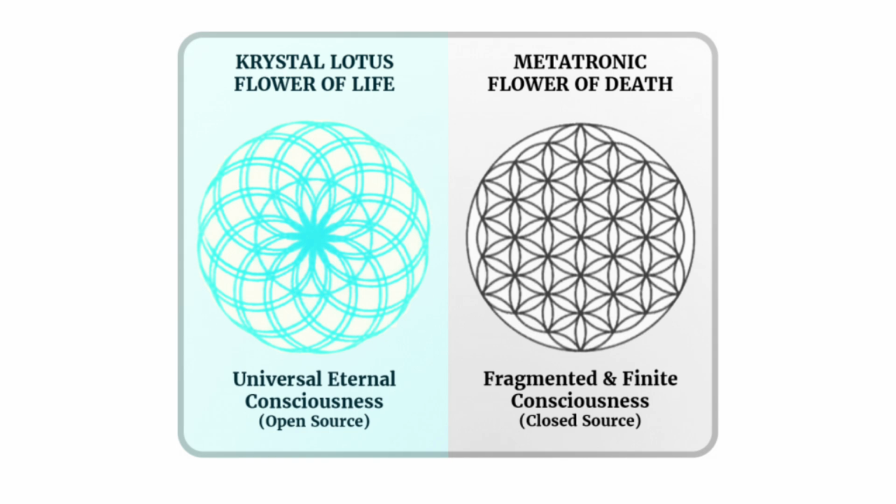And on the right, you see the Metatronic flower of death, also called the daisy of death, which is a fragmented and finite energy structure that has lost its connection to source, and on which a lot of our energies here on the earth are still being pushed to run. So this is very important for us to understand, because this is what we will be working with, and this is what we will be restoring progressively, as these missions unfold on a collective level as well, into the earth's bodies again.